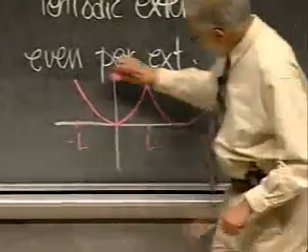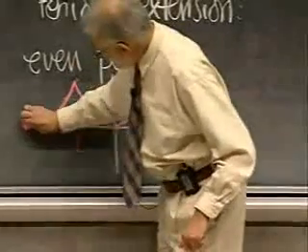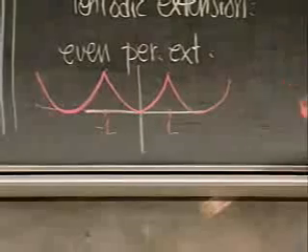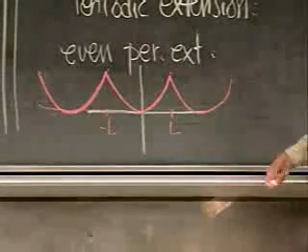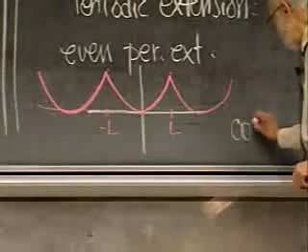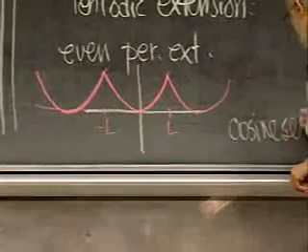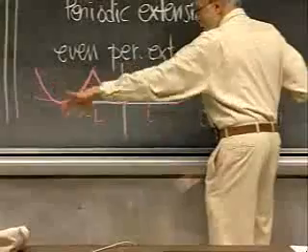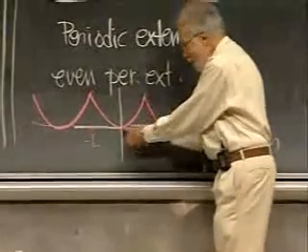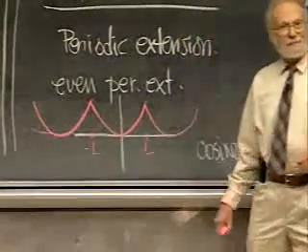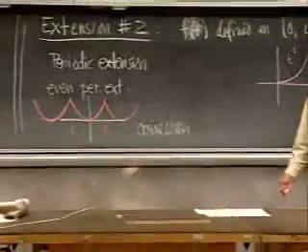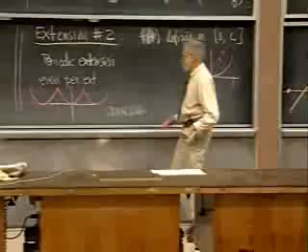Ta-da! In other words, apply the theory of Fourier series to this, use a cosine series because it's an even function, and then you say, okay, all the rest of this is garbage. I only really care about it from here to here. And that's what you'll plug into your differential equation on the right-hand side. Just that part of it, just this part of it.